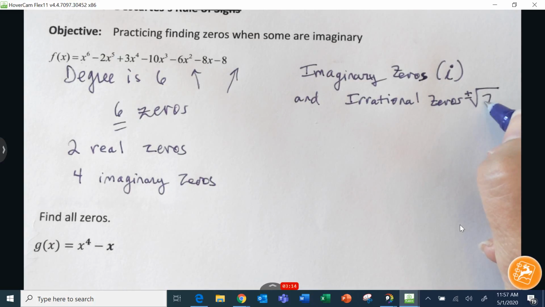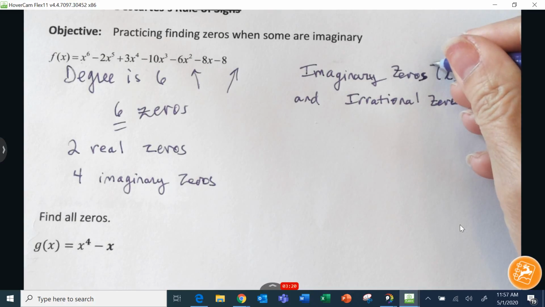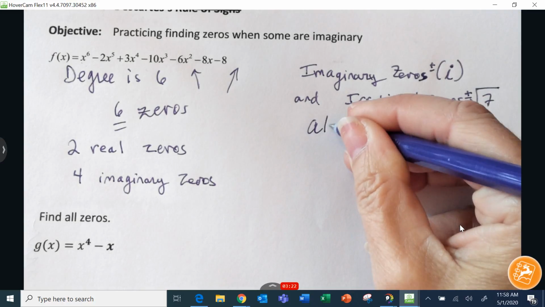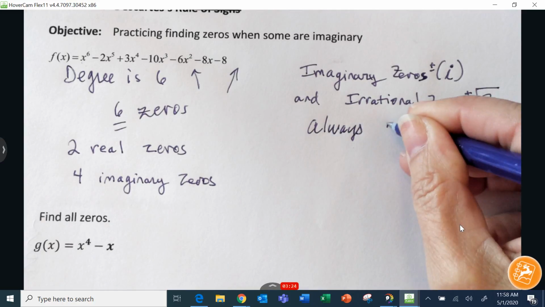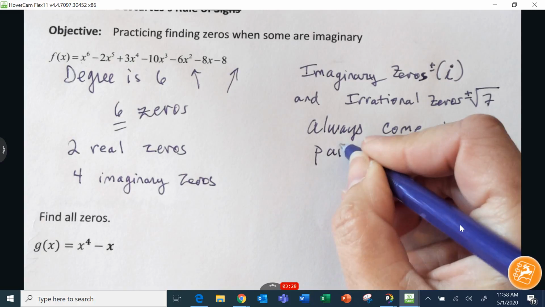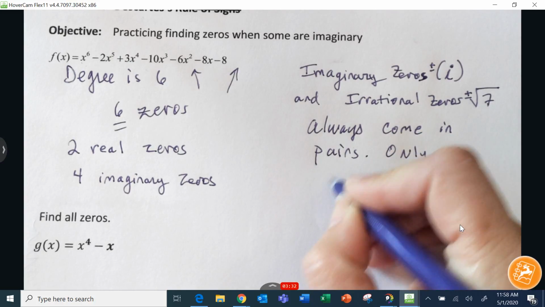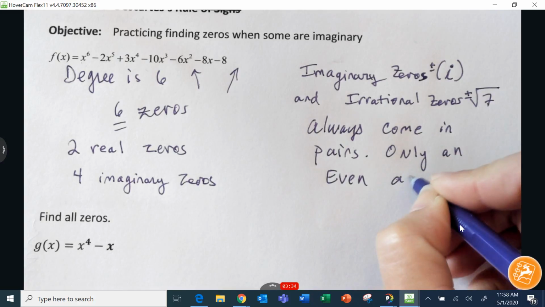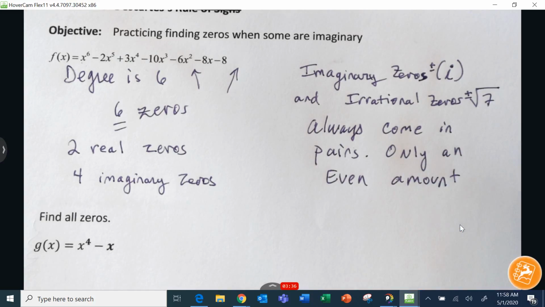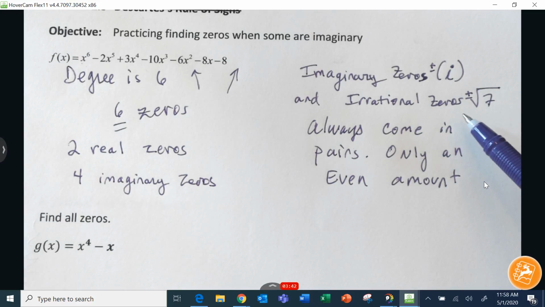I'm just going to make a number up. These always come in pairs. So there's only an even amount of imaginary zeros possible. There's only an even amount of irrational zeros possible.